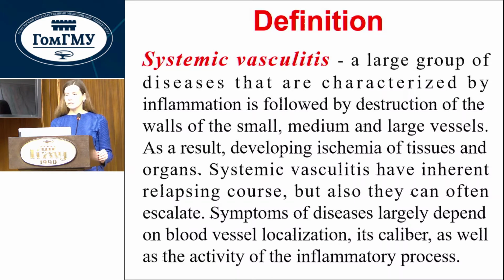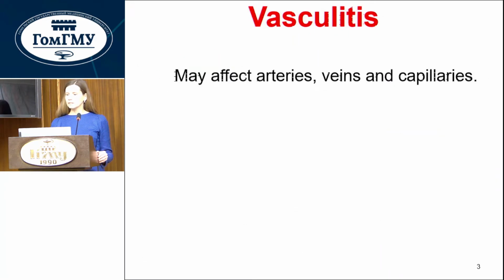As for the causes of inflammation, usually it's an immunological hypersensitivity reaction: type 2, complement dependent; type 3, immune complex mediated; type 4, cell mediated; and maybe a direct invasion of microorganisms and toxins. More about immune complex deposition.